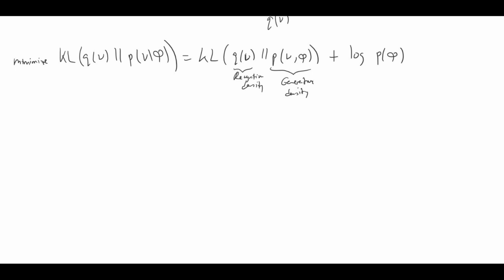So we can write this down. And this new KL divergence that we're writing down is the free energy, which we're going to denote as F, plus this log probability of phi.